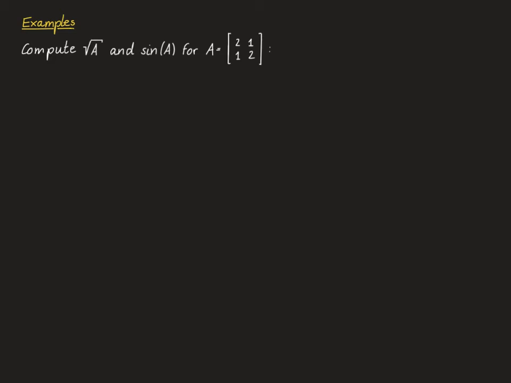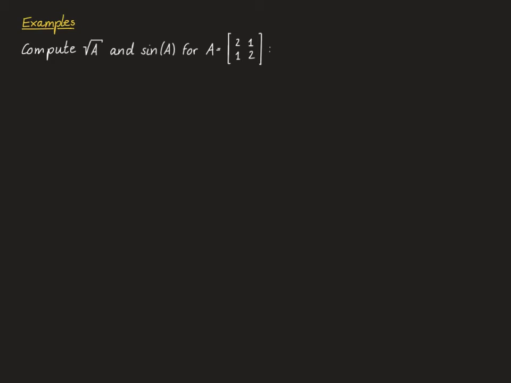Namely, you should, under all circumstances, avoid the misunderstanding that the square root of A is just given by taking the square root of each of the elements of A. And similarly, the sign of A is not given by just taking the sign of each of the elements of the matrix A. So I cannot emphasize this enough that you should definitely avoid this misunderstanding.